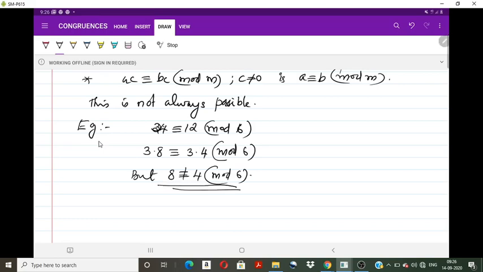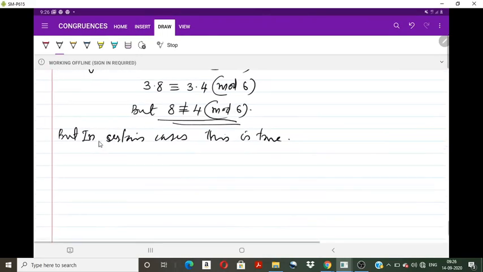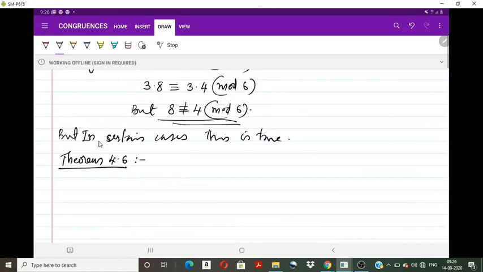But this is true if we impose certain conditions, in certain circumstances. The conditions are explained in the next theorem. So we move to the next theorem, which gives the cancellation rule for congruences of multiplication.